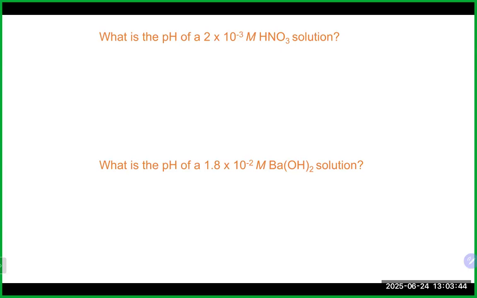Okay, so let's take a look. So again, we have nitric acid here. That is one of those 6 strong acids that was on that little list. So I know this is going to be a strong acid, so when it is in solution, it's going to 100% break apart into H plus and NO3 minus.